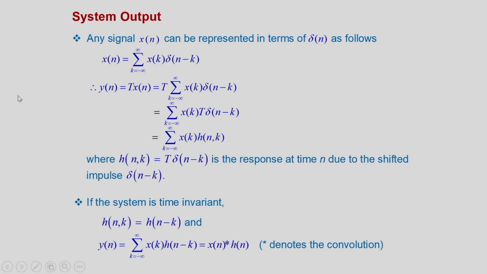So, what we have seen is, if the system is linear and time invariant, the output y[n] can be expressed as the convolution of the input x[n] and the impulse response h[n].